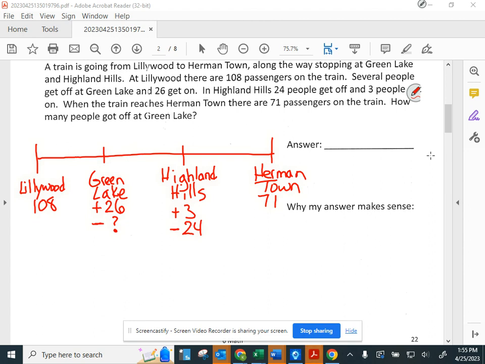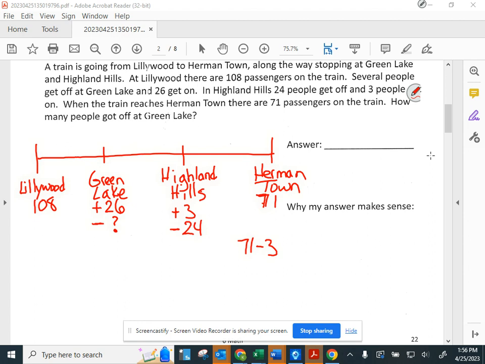So I'm going to work my way backwards from Hermantown back through Highland Hills, back to Green Lake to see if I can figure out how many passengers got off the train at Green Lake. So if I'm working backwards, I start with my 71, and I have plus 3, but I'm working backwards, so I'm going to subtract 3.